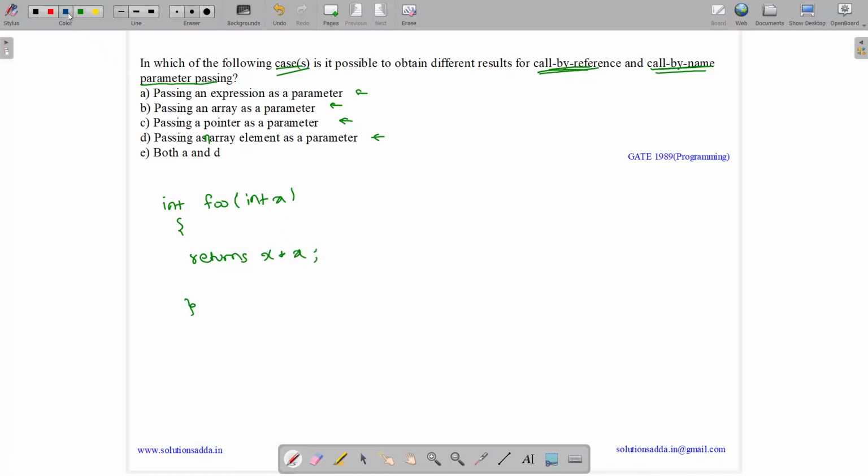Now let us assume we have call by reference and call by name. Let us first do call by name. If we are passing an expression as a parameter, let us suppose the expression is 2 plus 3. Then 2 plus 3 is passed into x. Then at runtime, all these x's will be replaced by 2 plus 3. So we will get 2 plus 3 into 2 plus 3.